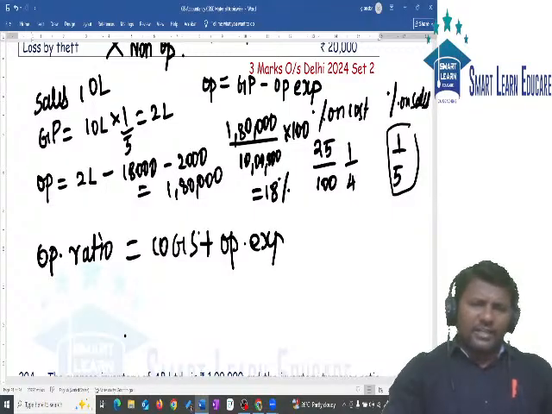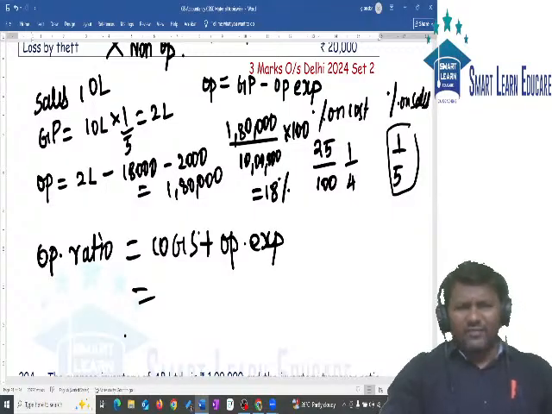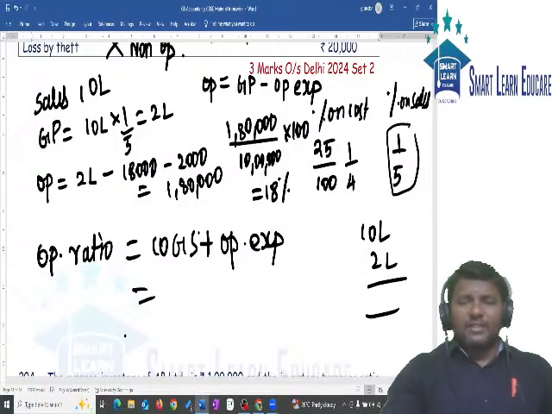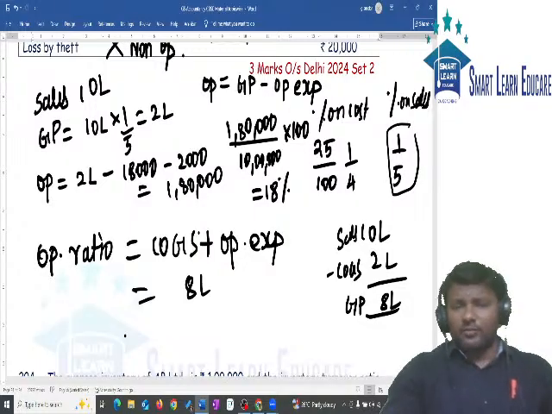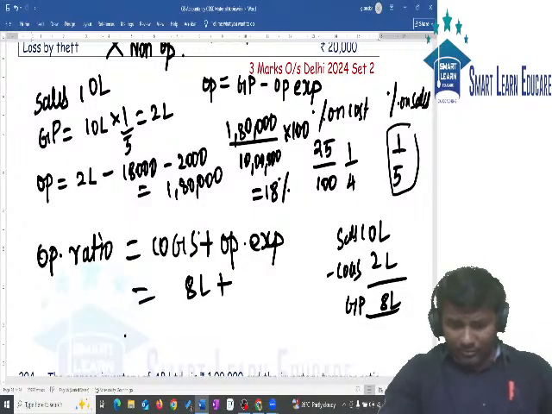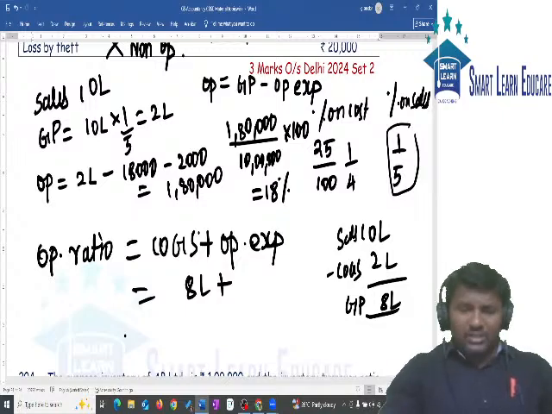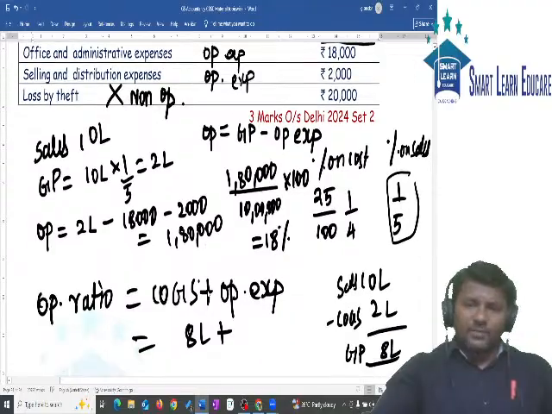What are the operating expenses we have in this question? Cost of goods sold comes to, since we already calculated gross profit, 10 lakh is the sales and gross profit is 2 lakh. Sales minus cost of goods sold gives gross profit, so cost of goods sold is 8 lakh, plus the operating expenses. Totally we have two operating expenses.